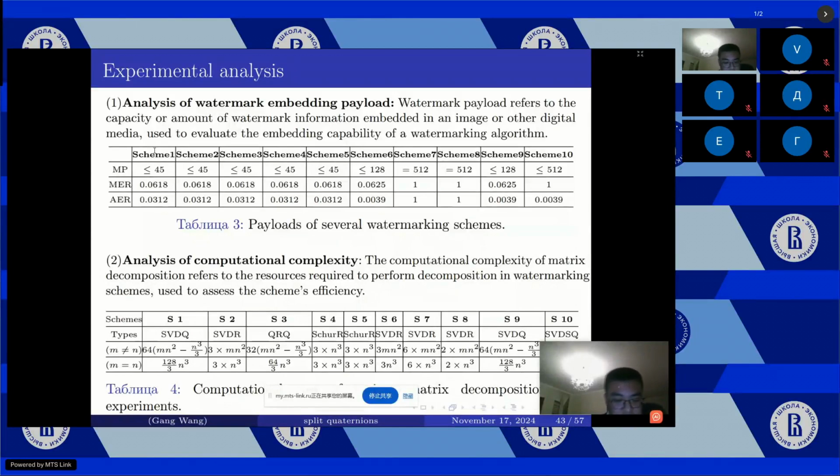First, analysis of watermark embedding payload. Watermark payload refers to the capacity or amount of watermark information embedded in an image or other digital media, used to evaluate the embedding capacity of a watermarking algorithm. In Table 3, larger values indicate a richer embedding payload.